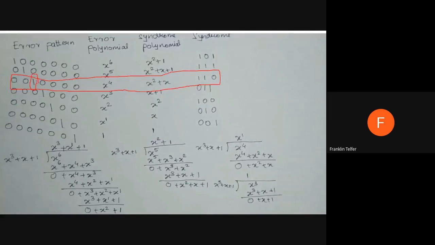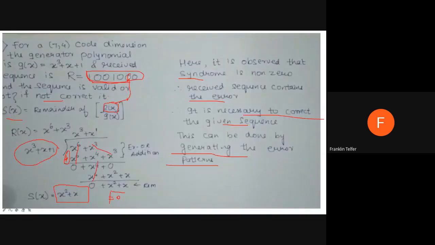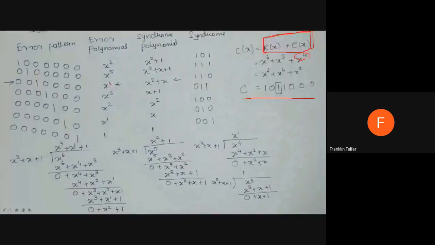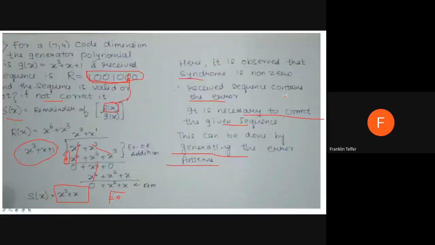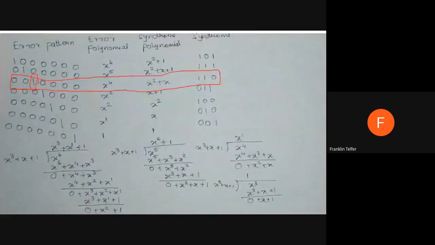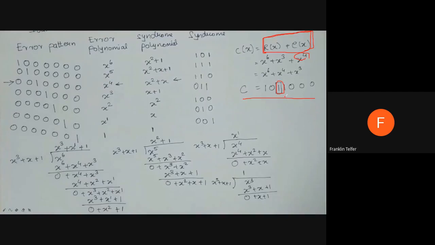The received R is 100 100. In this position you have detected an error. According to the question, you have detected it and we have corrected it.